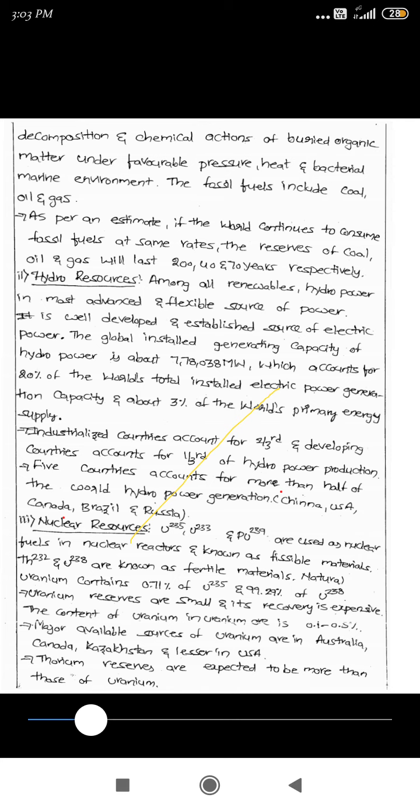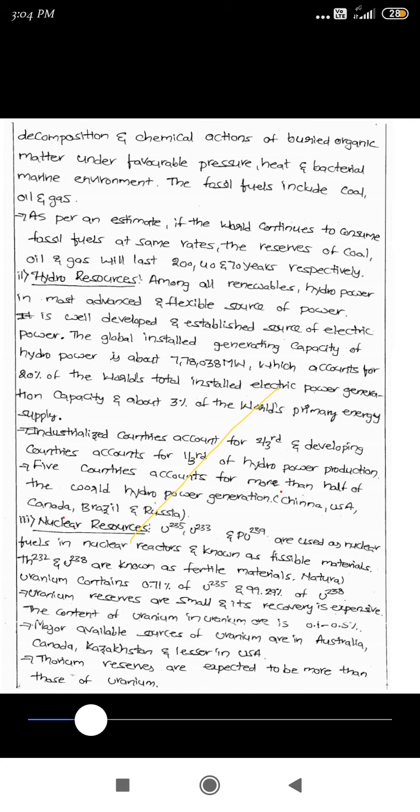That megawatt figure is not fixed. Based upon the plant, the megawatts will be fixed for that plant, not only for a particular one. Here it is written as 7,78,038 megawatts, not a particular figure. Whatever the capacity rating of the power plant is, it will generate power based on that, not only anywhere.